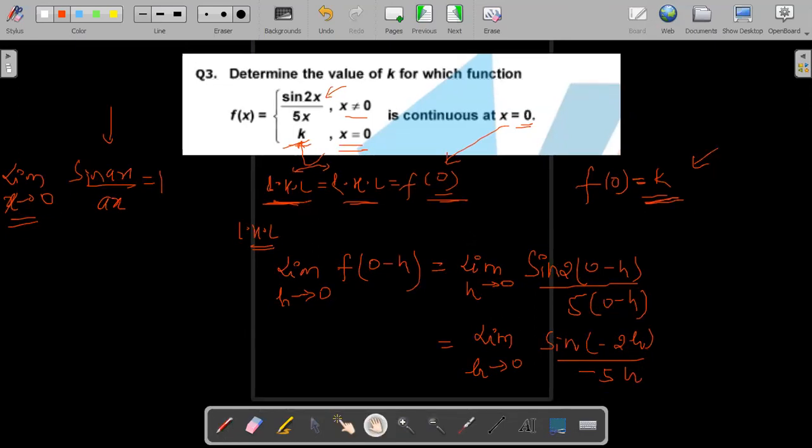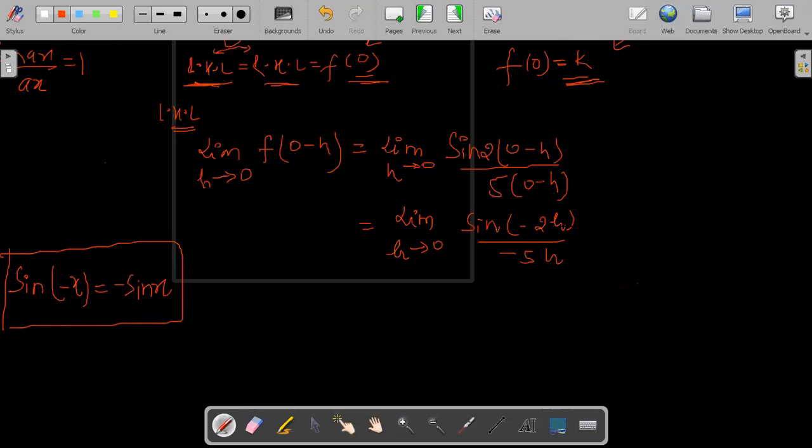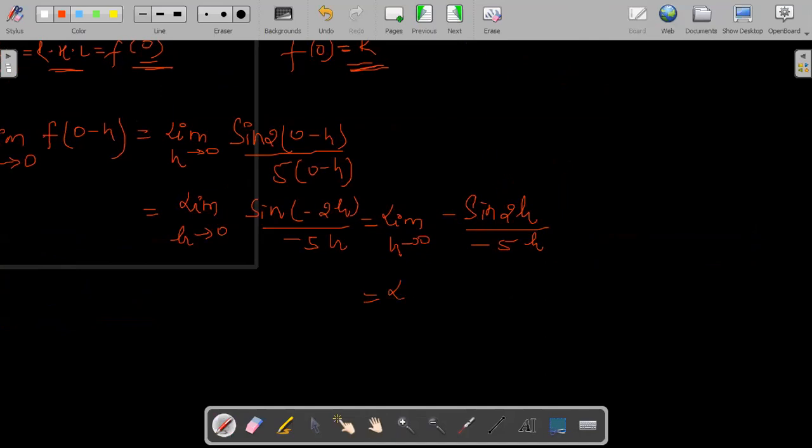Correct? Yes, sir. As we all know that sine of minus x is equals to minus sine x. You know that? Correct, sir. So sine of minus 2h will give you minus sine 2h divided by minus 5h, right? Correct, sir. Limit h tends to 0.